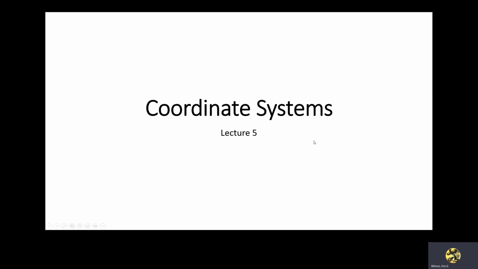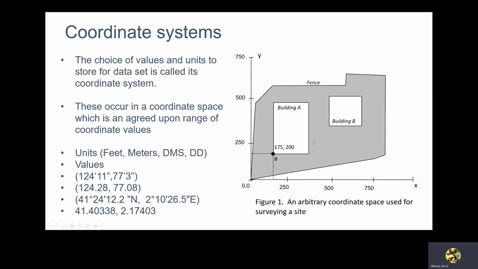these things fit together. So a coordinate system is a choice of values and units to store for a data set. These occur in a coordinate space, which is an agreed upon range of coordinate values. And so when you talk about components of that coordinate system, you have units and values. And so units are things like feet, meters, decimal degrees, degrees, minutes, seconds.